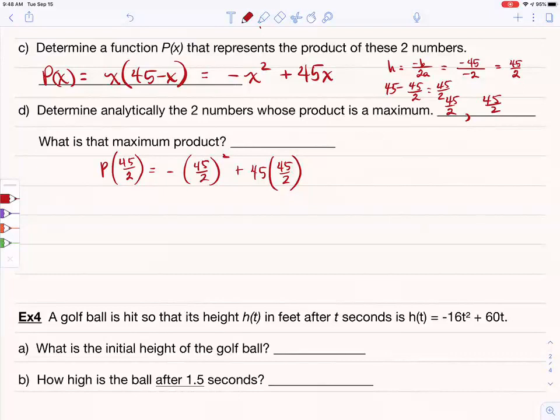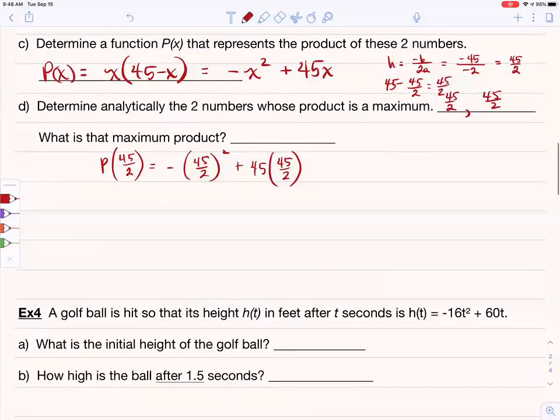If you're wondering how to do fractions on your calculator, push the math button and the very first thing in the menu is frac, F-R-A-C, it'll change things to fractions. That's how you can do fraction mode in your calculator. All right, when you type this in, I'm going on memory, I think it's 506.25.